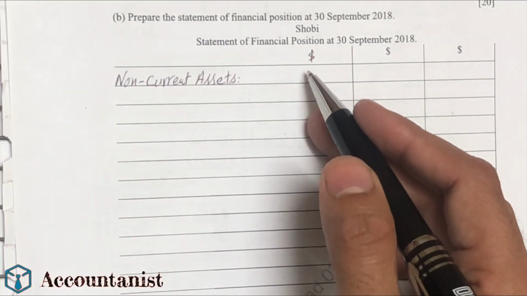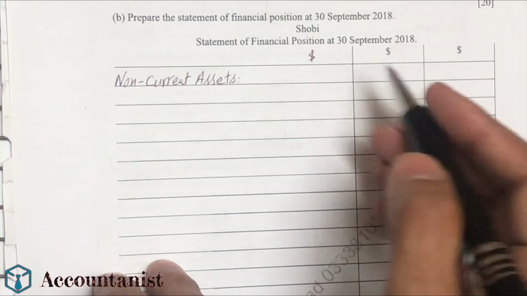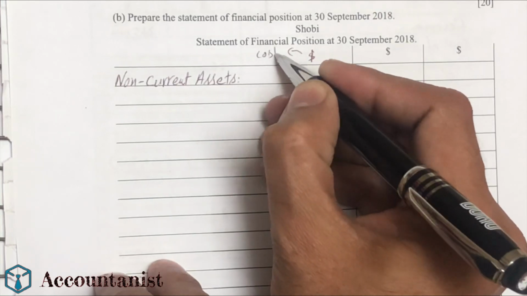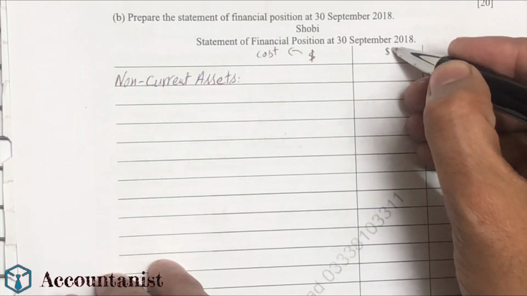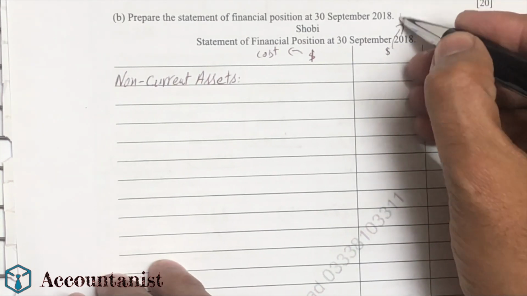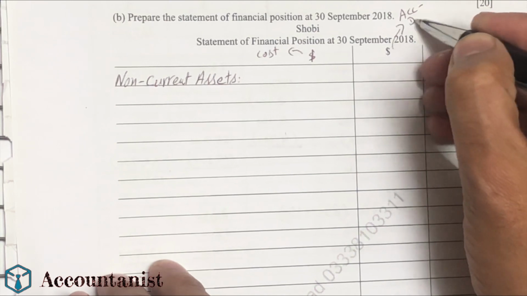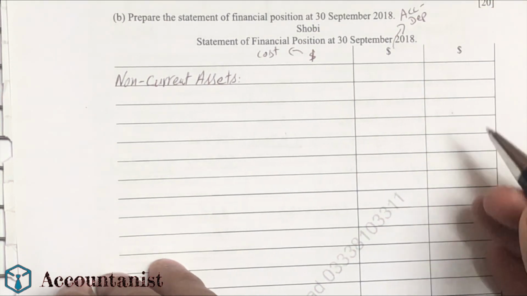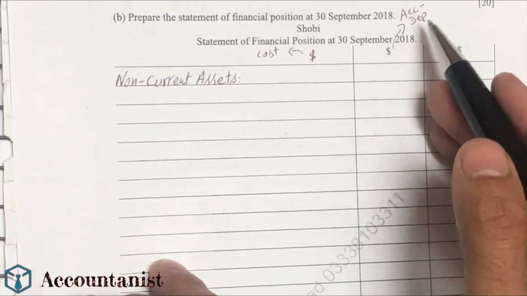The first column in this section, I always tell my students, will represent the cost value of non-current assets, and the second column will represent the accumulated depreciation, meaning the total depreciation, or we can say the provision for depreciation account balance.